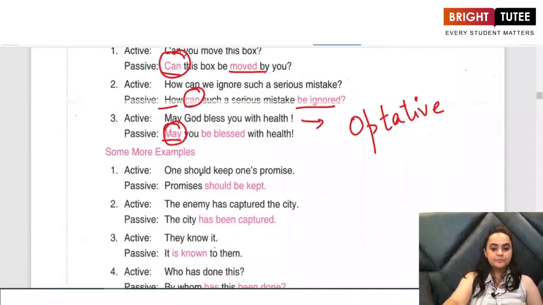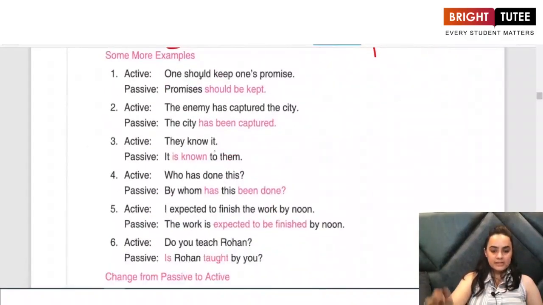All right. Now, a few more examples that we have. One should keep one's promise. Promises should be kept. The enemy has captured the city. The city has been captured. They know it.